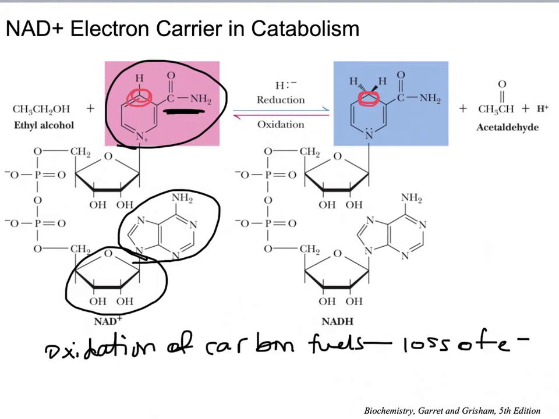So we're either going to gain a hydrogen that has 2 electrons, and then that's how we convert NAD+ to NADH. Notice too that in the oxidized form, the nitrogen bears a positive charge. This charge is lost in the reduced form because you break the aromaticity of the ring.